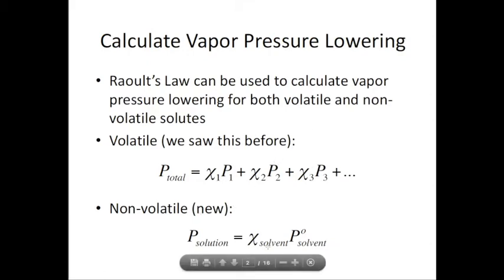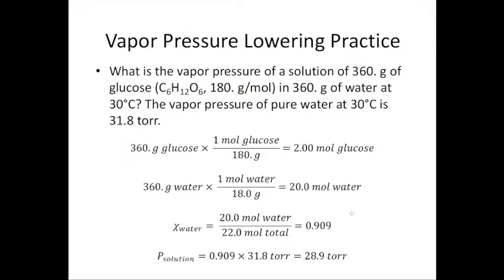Now we're going to talk about non-volatile solutes, and in this case we only have to take into account the mole fraction of the solvent itself and none of the solutes because the solutes won't contribute to the vapor pressure. Just be careful when you're doing this that you take into account that there may be multiple moles of solute. So when you're calculating your mole fraction of solvent, you need to calculate the total number of moles of dissolved particles.